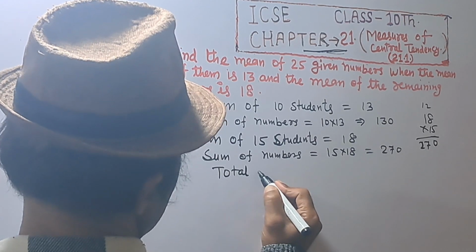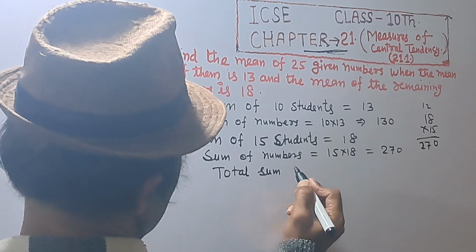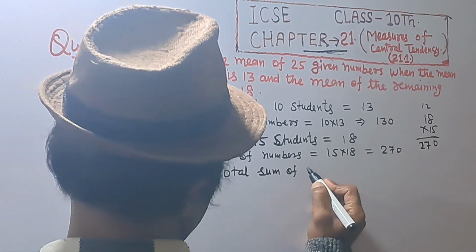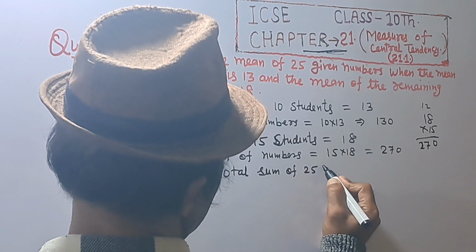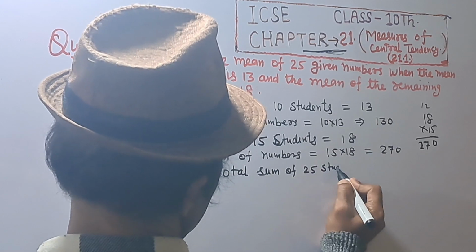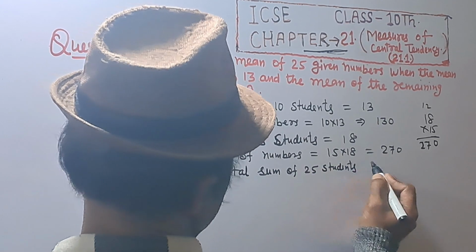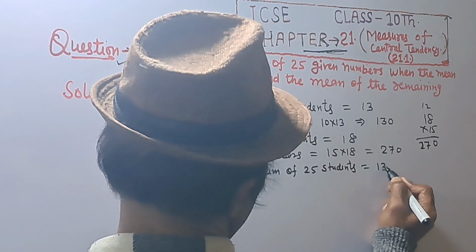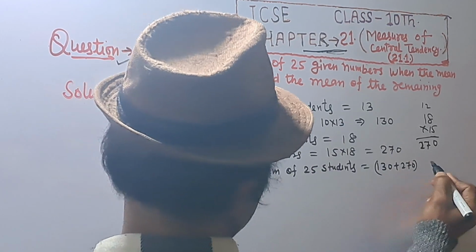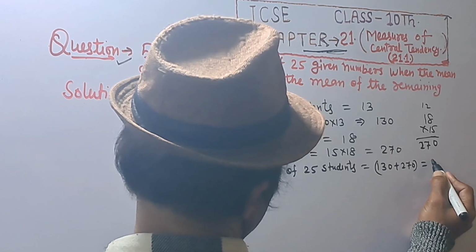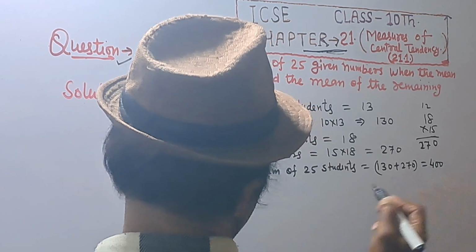Total sum of 25 students is equal to 130 plus 270. That is equal to 400.